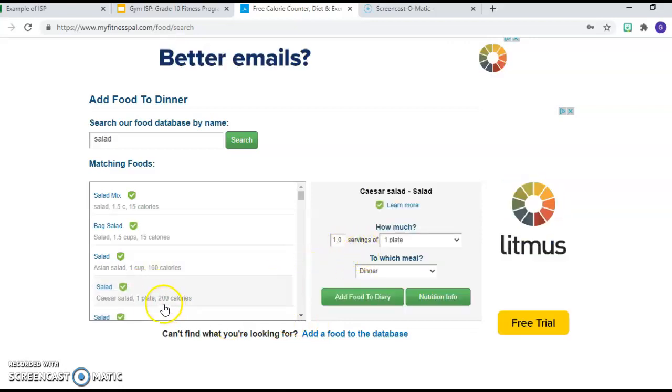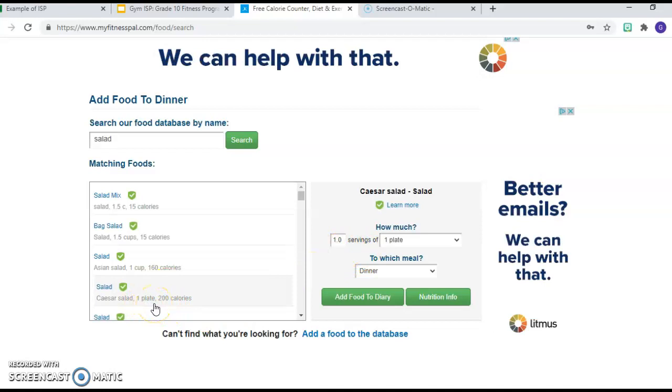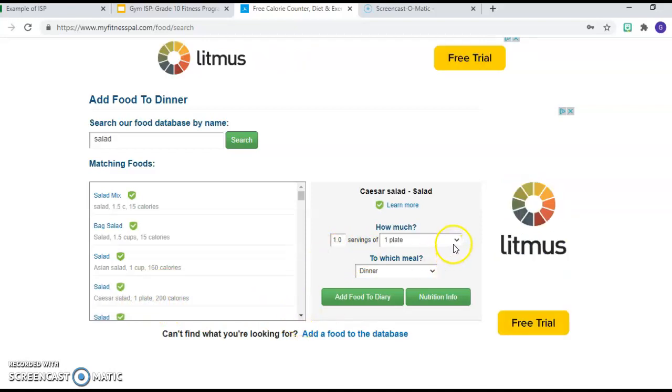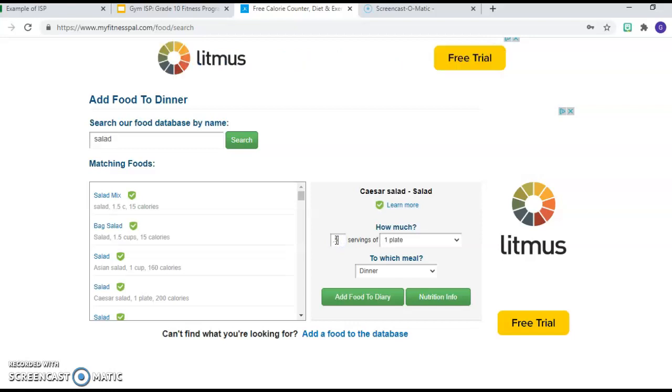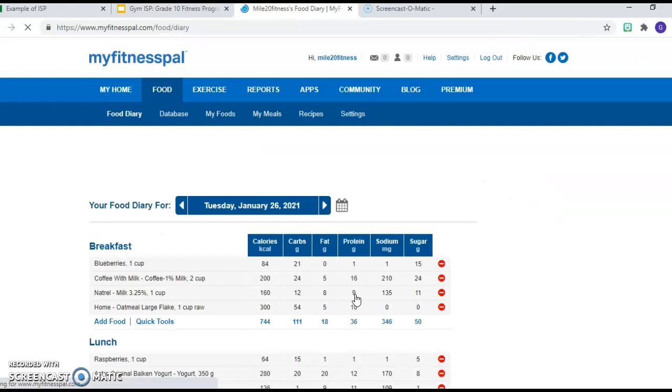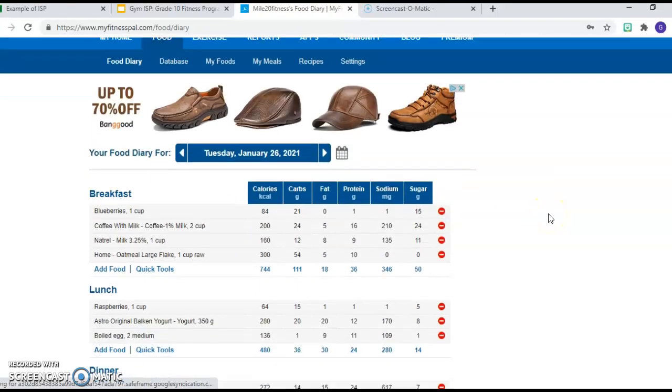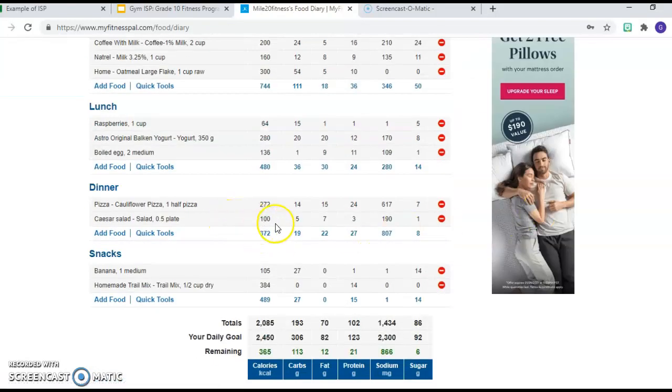A plate is a pretty big suggestion, so you can change this. If I only had half a plate, I can just turn it to 0.5, so that turns it to half of a serving. Then you cycle down, and see here it's 100 calories. It's not exact, but it's pretty good.